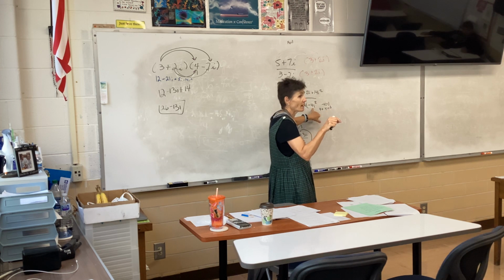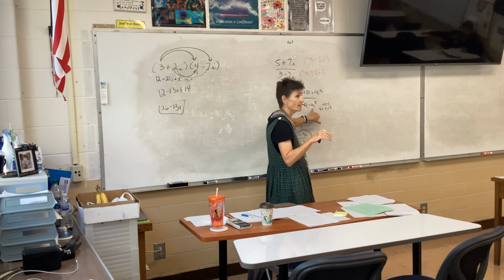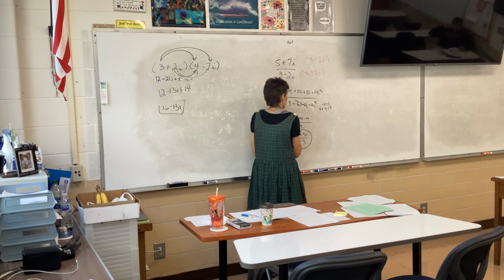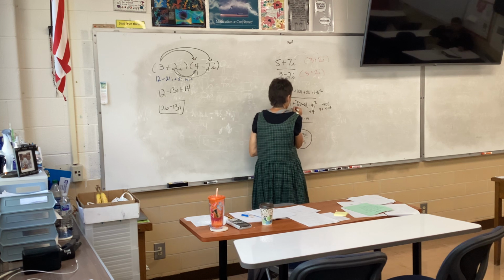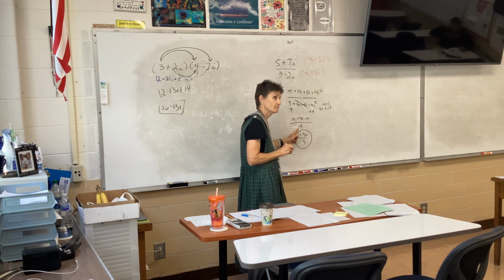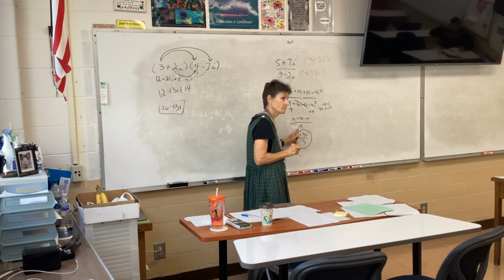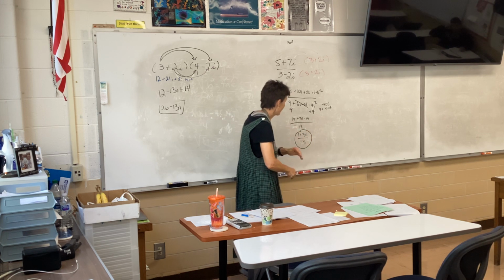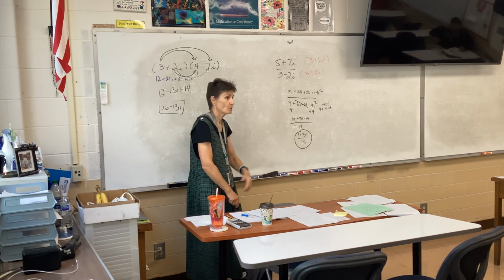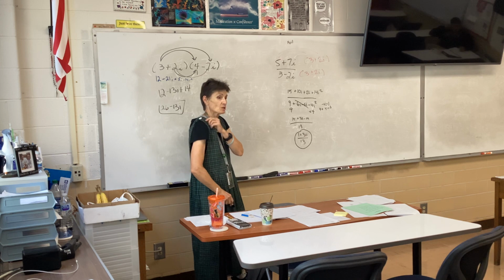But i squared is always -1. So this actually became a +4. So they had a 9 plus 4, and that's how they got the 13. You sure? Yeah. Okay. All right, anybody else? That's a 31, by the way, right there. That's a tiny little 31. Anybody else have a question?